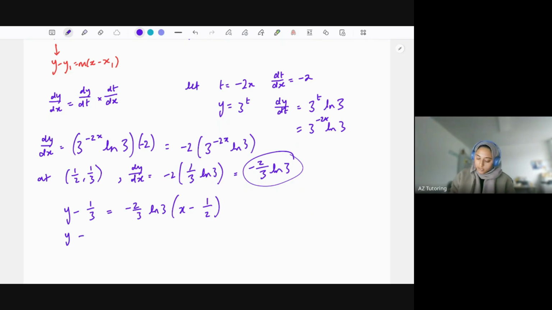So y minus a third equals minus 2 over 3 ln 3x, and then minus 2/3 times minus half, minus 2 times minus 1, so plus 2 over 6 ln 3.